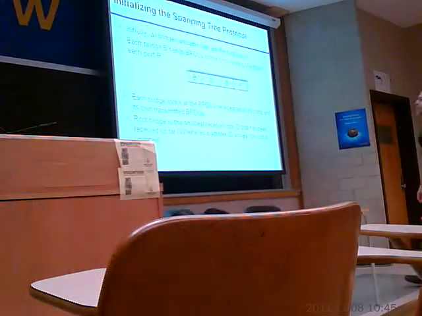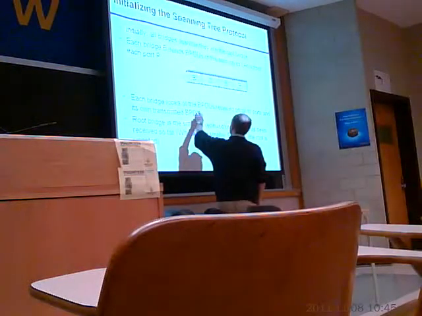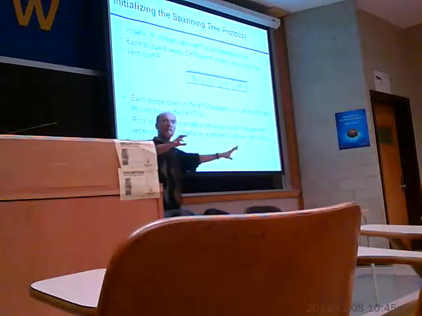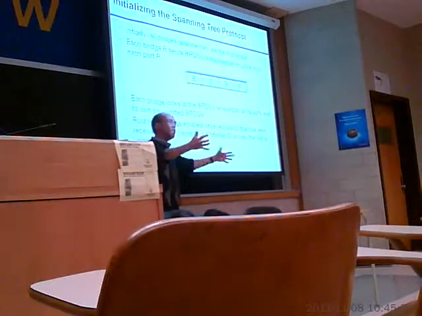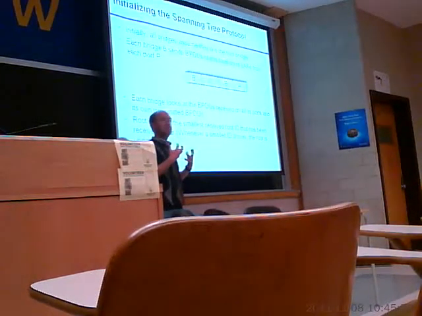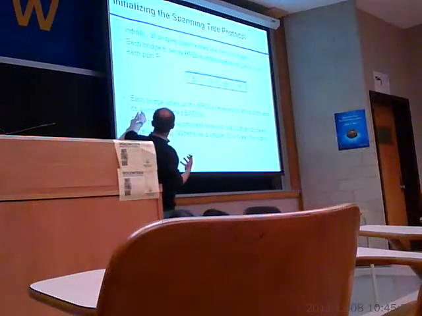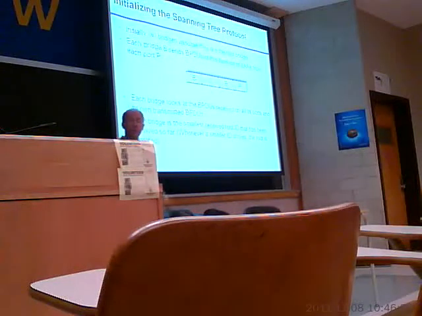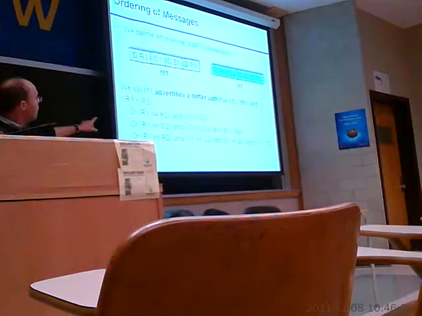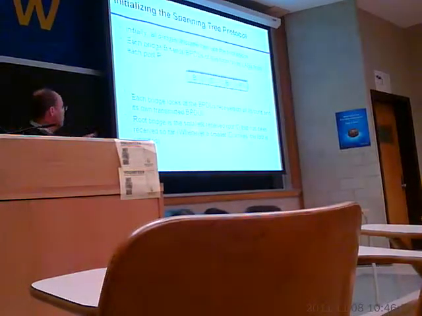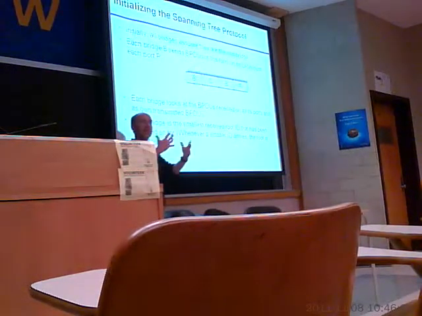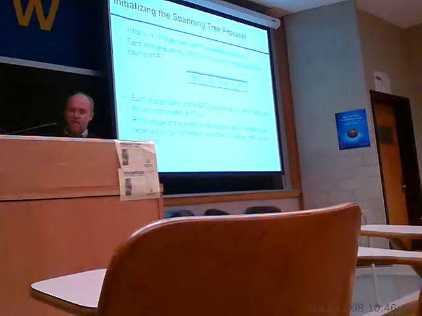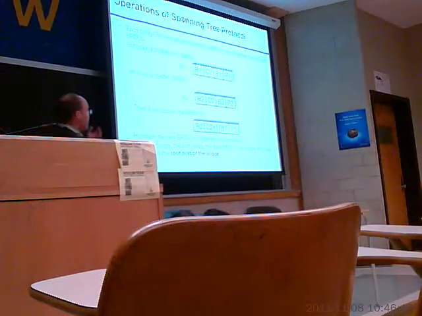All bridges are sending this, and each bridge now looks at what's coming in, collects the messages and compares them. It picks the message that is the smallest, and it does it in the following way.